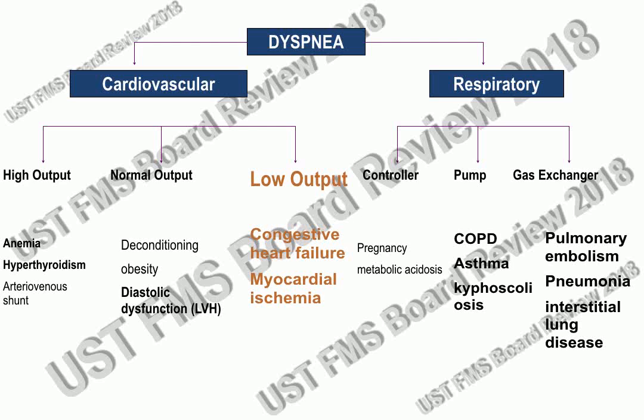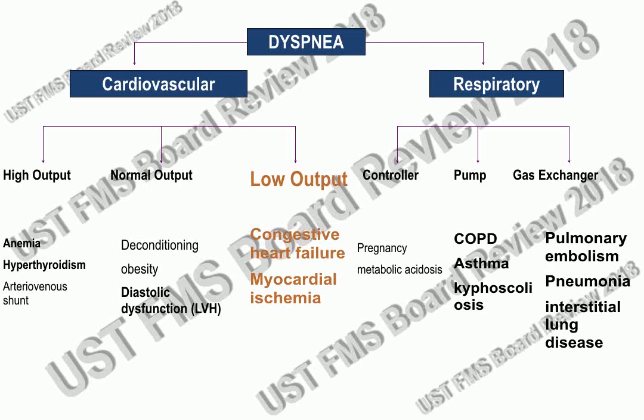So this graph is actually in your Harrison's textbook. So when you talk about dyspnea, you divide the etiology, whether it's cardiovascular or respiratory. If we focus on the cardiovascular side, you're talking about heart failure causing dyspnea, and you classify this into either high output, normal output, or a low output cause.